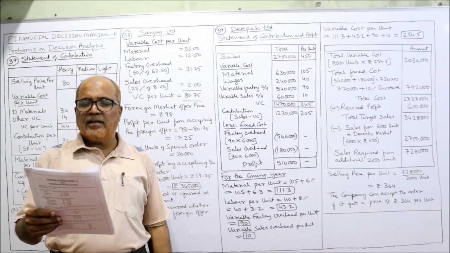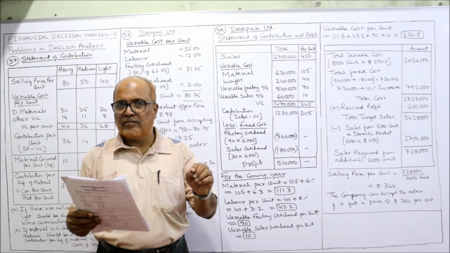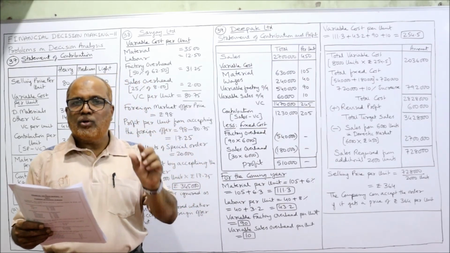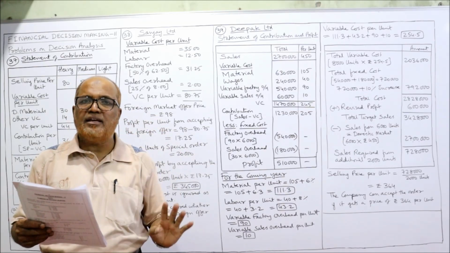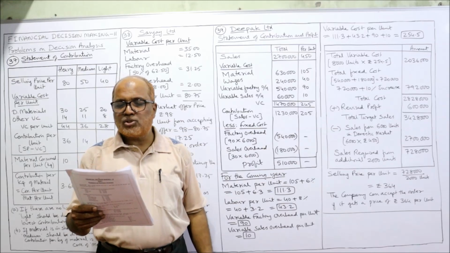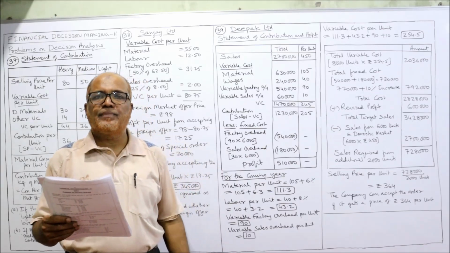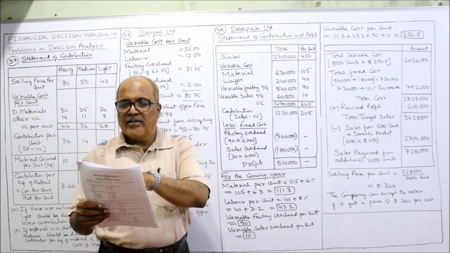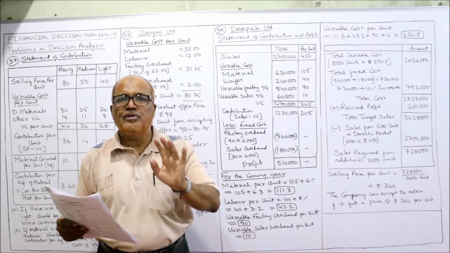The breakup: material 105, wages 40, factory overhead 180 rupees at 60% capacity, 50% fixed. So of 180 rupees, 50%, 90 rupees is fixed and 90 rupees variable. And sales overhead 40 rupees, 25% variable, 75% fixed. So we bifurcate, divide. 25% of 40 rupees is 10 rupees. So 10 rupees variable, 30 rupees fixed.